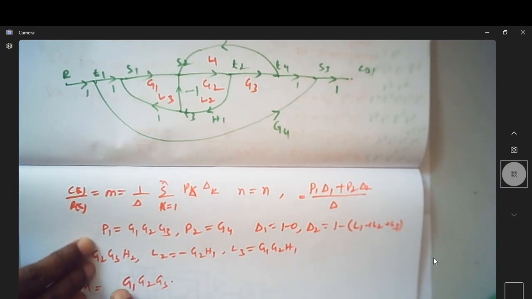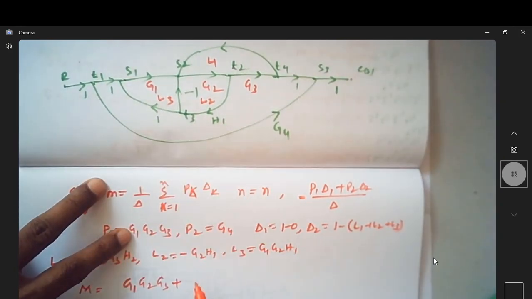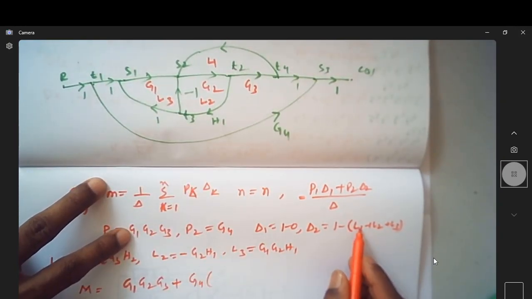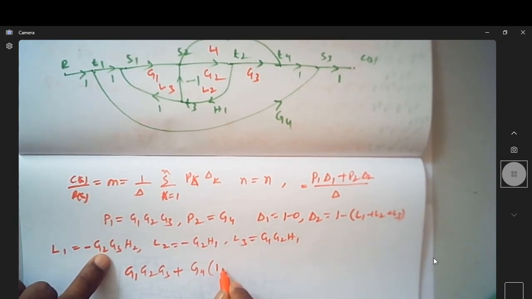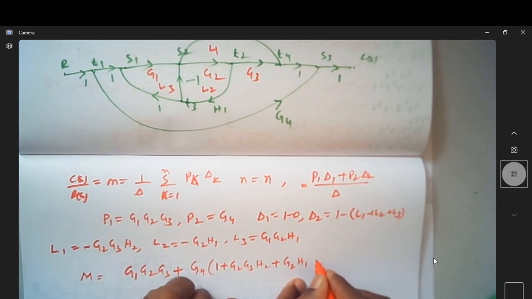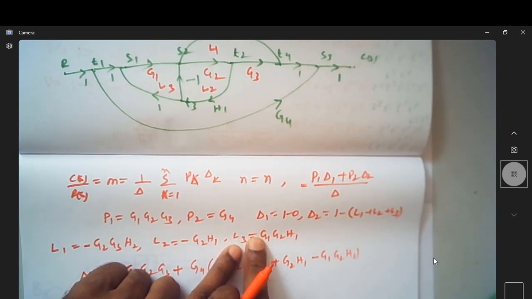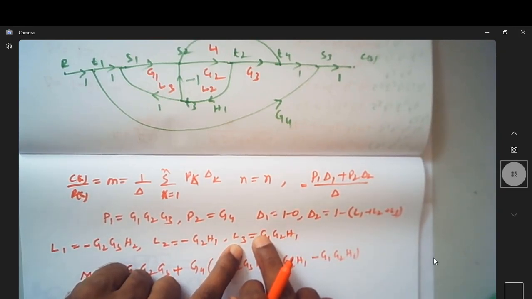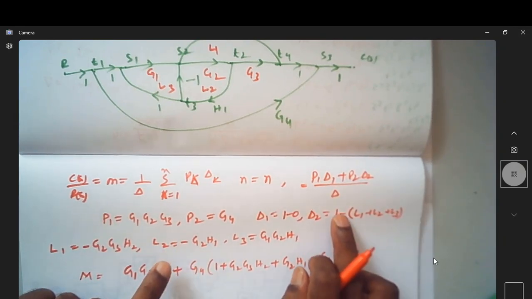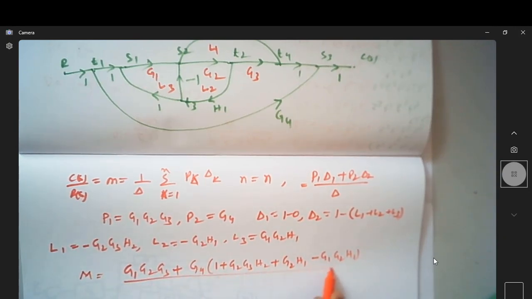Now this is P1 delta 1 plus, what is P2? P2 is G4, but we have this 1 plus G2, G3, H2 plus G2, H1 minus G1, G2, H1. Why is it minus? Because minus of plus becomes minus, whereas minus of minus becomes plus. So these 2 terms are positive, whereas this term is negative. Divide by delta.